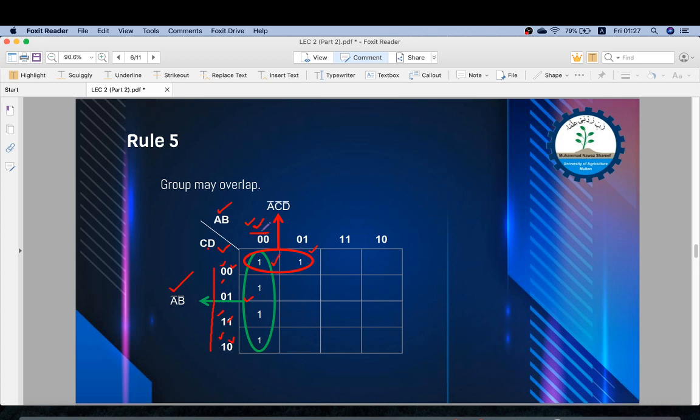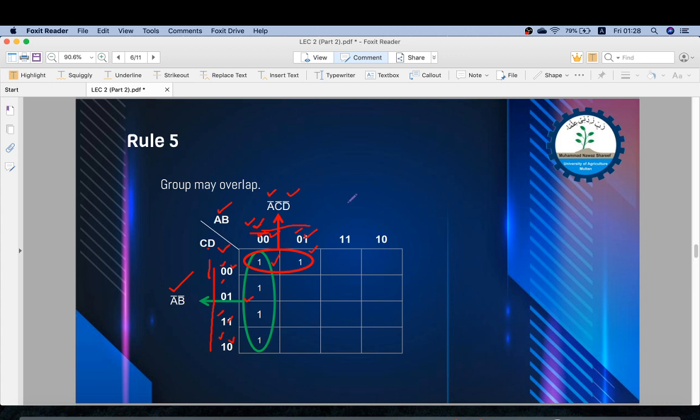For A and B, A is 0, 0, so it's common, and we'll take A complement. B is 0, 1, so we will not take it because it's not common. What about C and D? Here nothing needs to be checked for commonality, so we take both C complement and D complement. So the final equation is A complement, C complement and D complement.